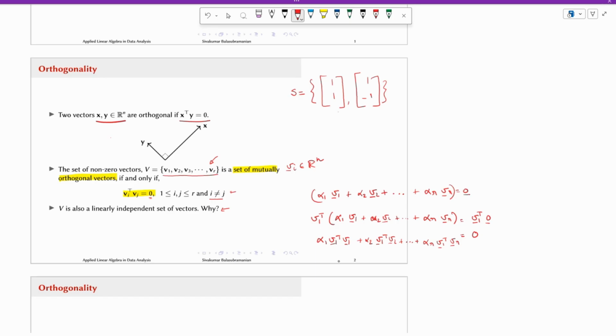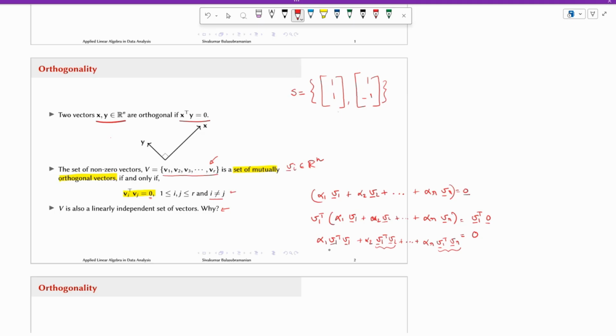But because we are dealing with a set of mutually orthogonal vectors, all the terms will disappear except for one term, because v1 is orthogonal to v2 through vr. That means each of these terms will be zero, because that's the definition of a set of mutually orthogonal vectors.